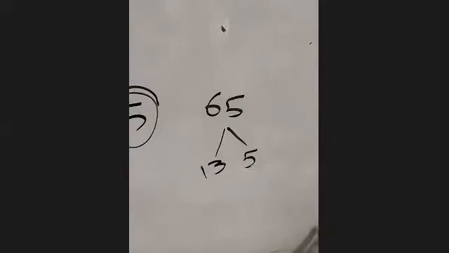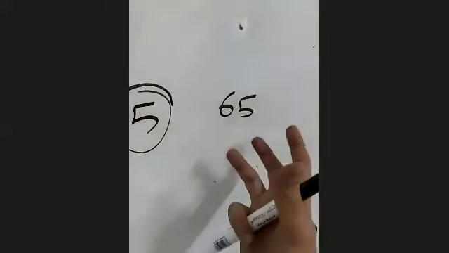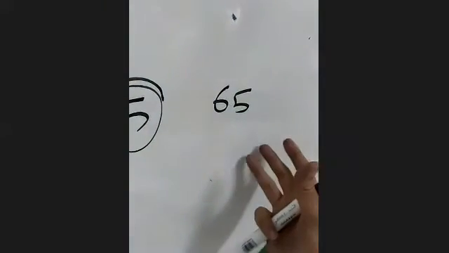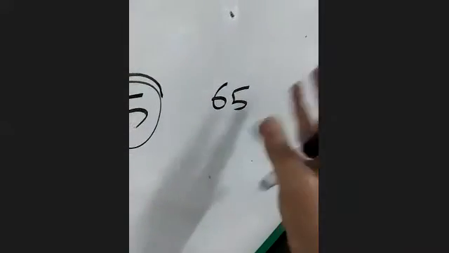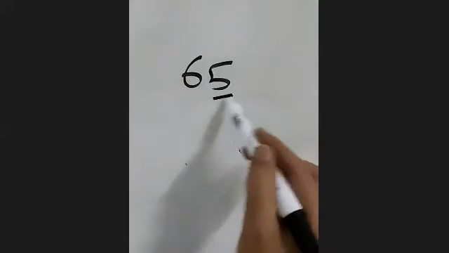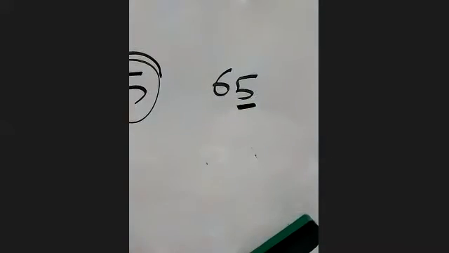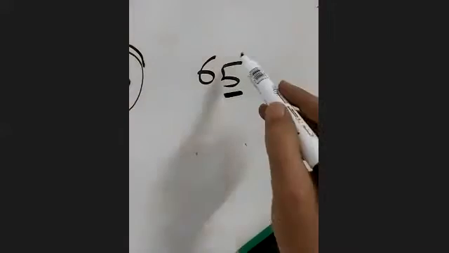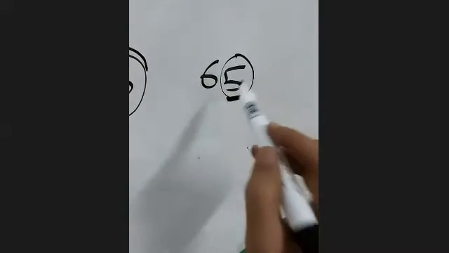How do I know that, guys? The 65 is not a big number, but it's not in the timetable. Now here the first digit is 5, and we did that before in grade 5: if the ones digit is 5, it can be divided by 5.